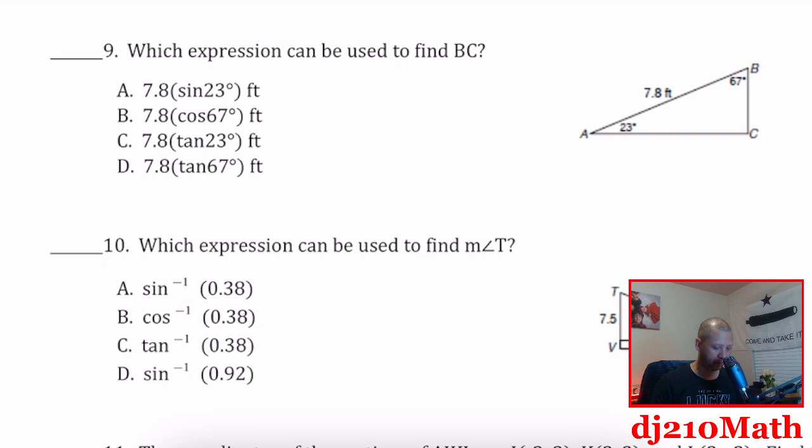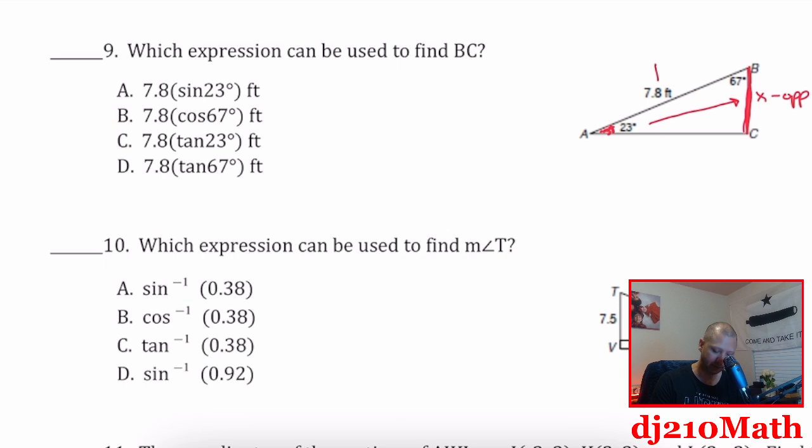All right, number 9. Which expression can be used to find BC? All right, BC is going to be this red leg. We can call it X. Okay. They gave us the angle, 23. What do we want? We want the opposite side in relation to the angle.